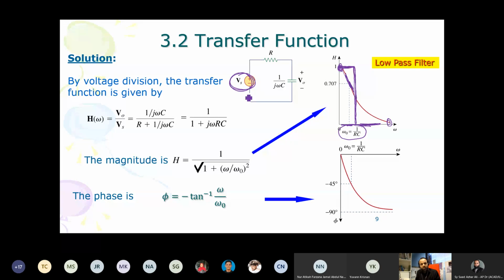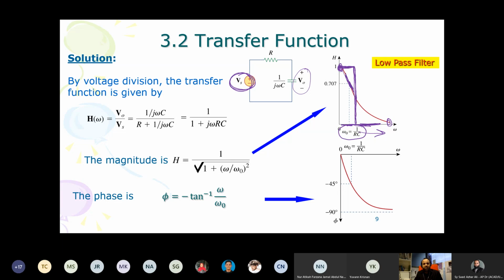If it is less than omega naught, the signal will appear here with a good enough amplitude. But if it is higher than omega naught, it will be so small that we will be ignoring it. That depends on what application we're talking about, but 0.77 is a good number. Some say 0.5, some say 0.8, 0.9, but for this particular example it is 0.77. That's what we call the cutoff frequency.